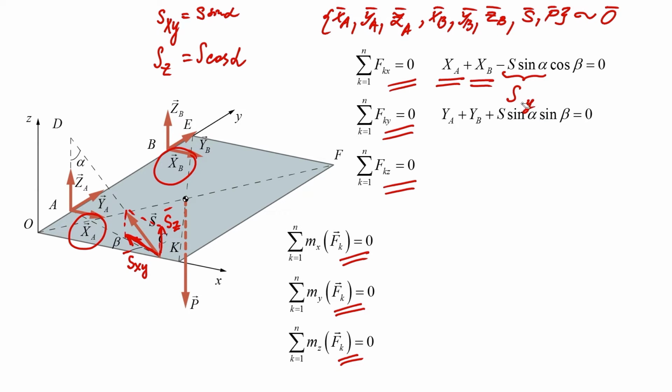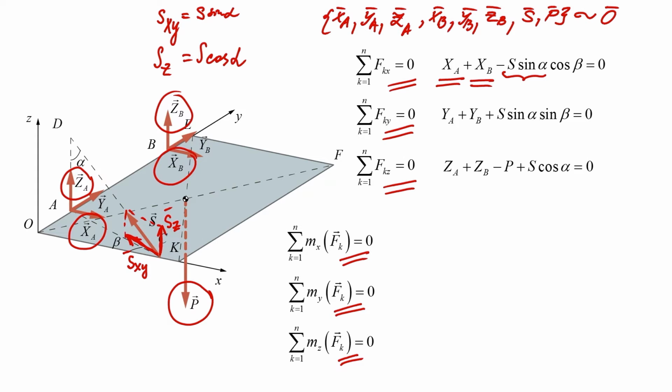Onto the axis y, we project the components YA, YB, and the force S. Onto the axis z, we project the components ZA and ZB, and the force P, and the reaction S, which projection is S multiplied by cosine alpha.